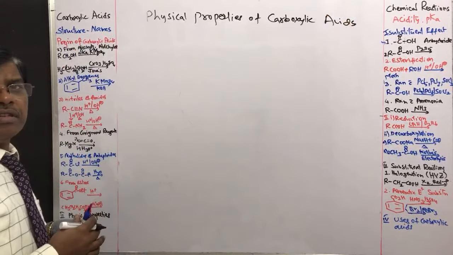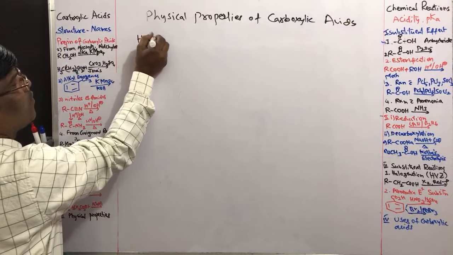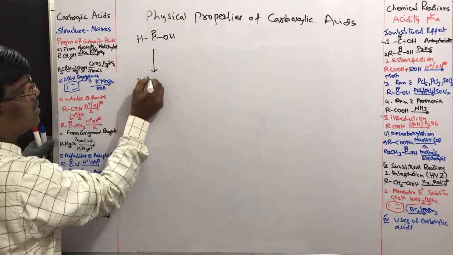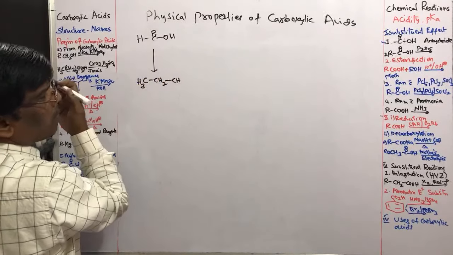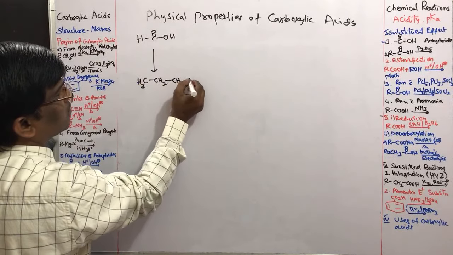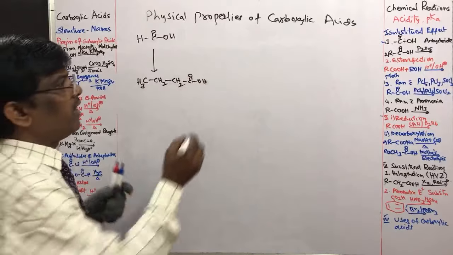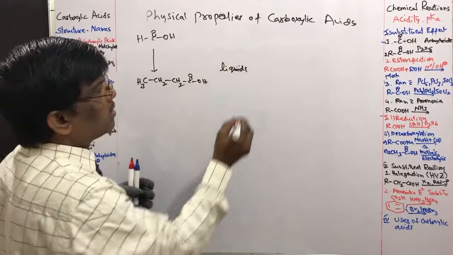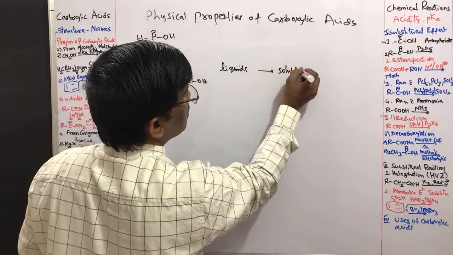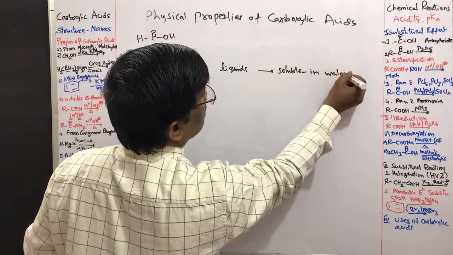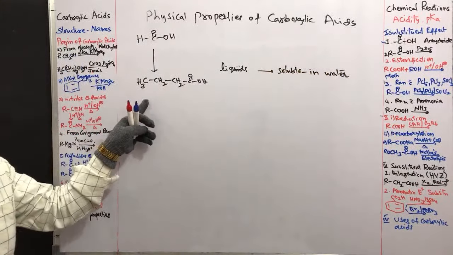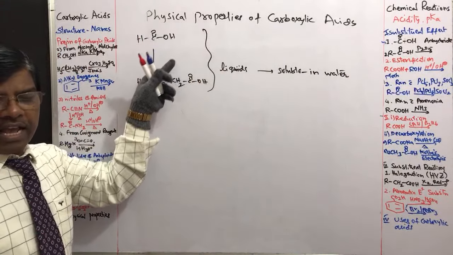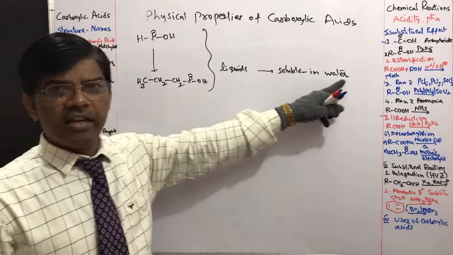When you look at the acids starting from formic acid up to butanoic acid, these are all liquids and soluble in water. That is formic acid, acetic acid, propanoic acid and butyric acid are liquids and these are soluble in water.